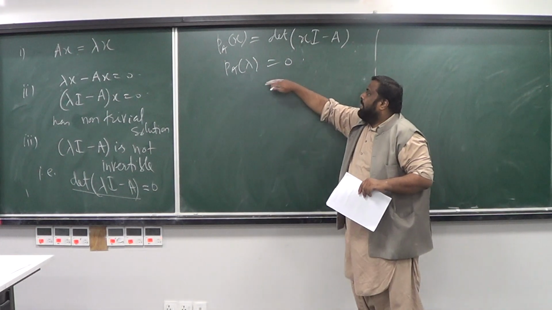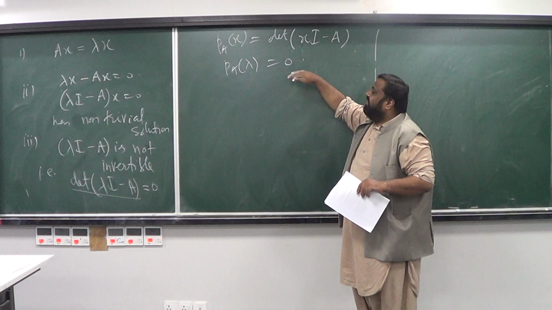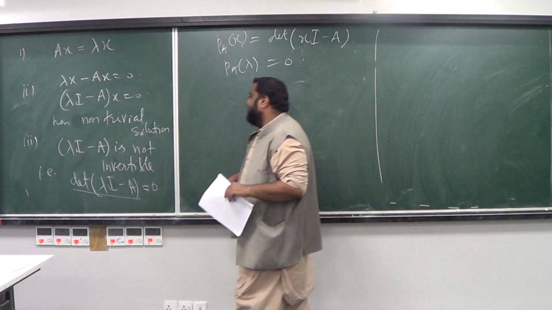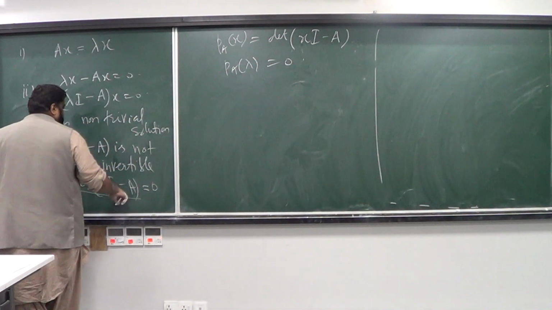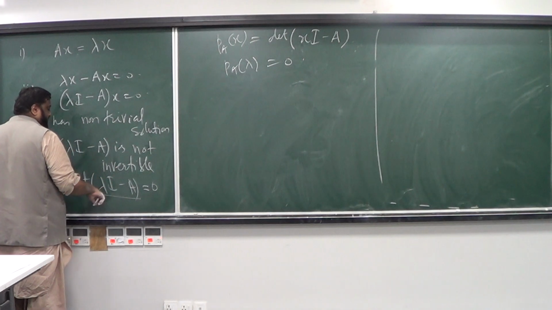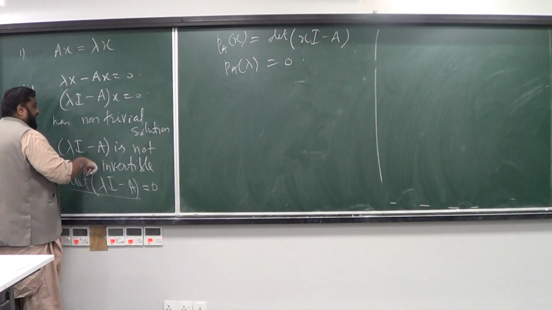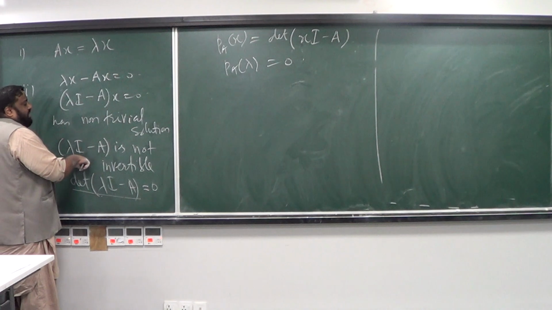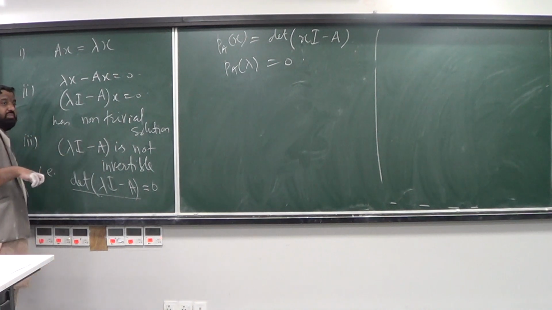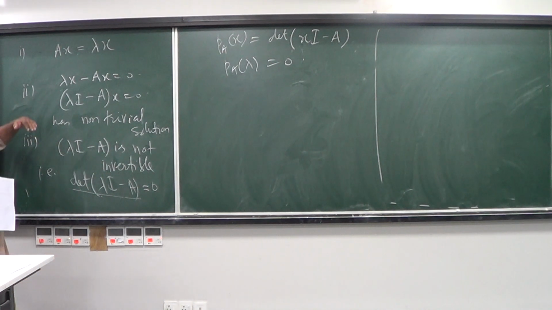Because if P_A of lambda is 0, that means the determinant of lambda I minus A is 0, so lambda I minus A is not invertible, and this has a non-trivial solution. In other words, you are going to find some interesting lambda and x.